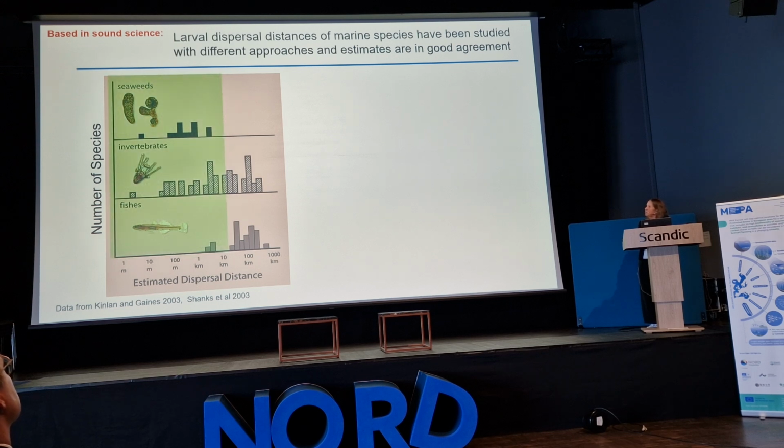We knew that seaweeds tended not to be dispersed that far, invertebrates very wide-ranging, and fishes even more so. So this gives some idea of what sizes we could make MPAs where they may be self-replenishing, as well as distances at which MPAs might be spaced in order to support replenishment of one another.